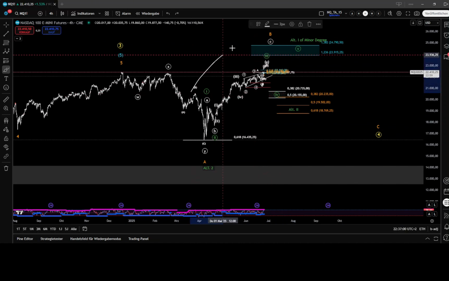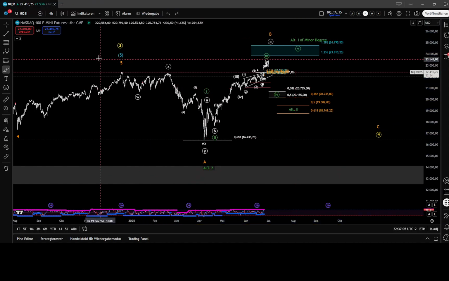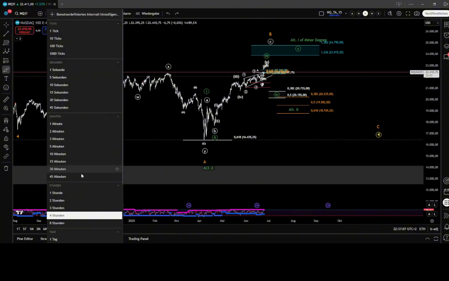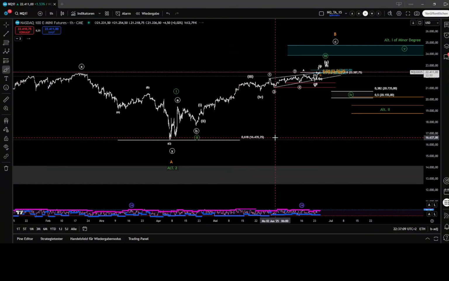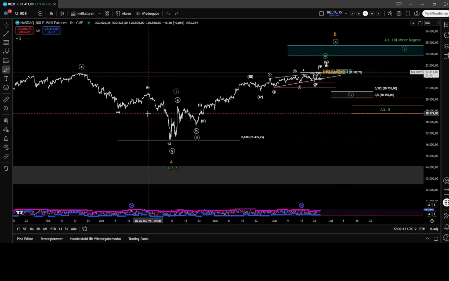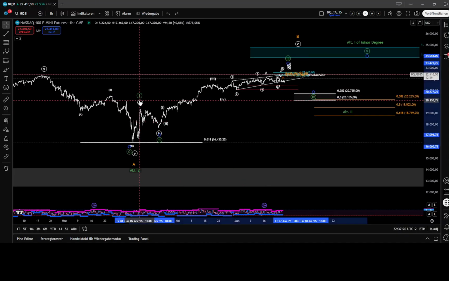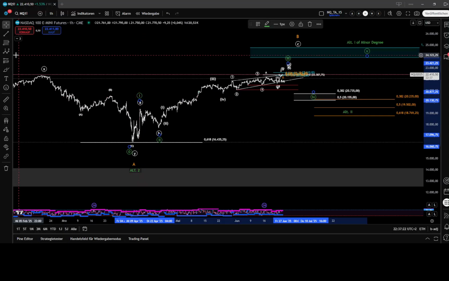But inside here, we have different possibilities how to count that. And that's why I'm going to zoom in right now. I go on the hourly time frame. And if we put the B wave scenario aside, we want 5 waves up, okay? And that's very important. We want 5 waves up. And therefore, I also have the green scenario on the chart here.